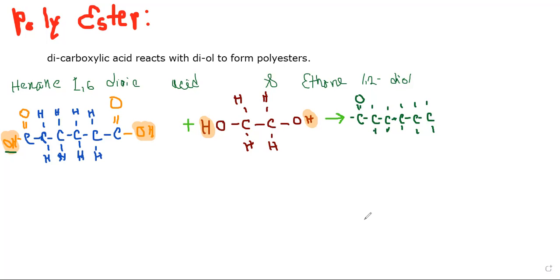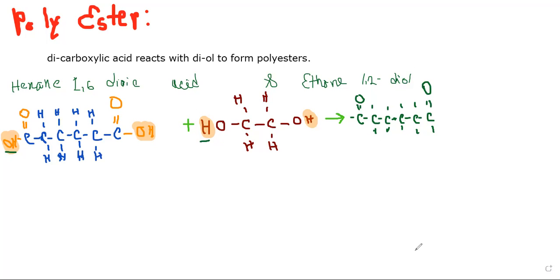The last carbon atom also contains a double bonded oxygen, and now we are done removing the OH from hexane dioic acid. Remember, I said earlier that we are going to attach both of the reactants, so we have to remove the H from ethane 1,2-diol as well.